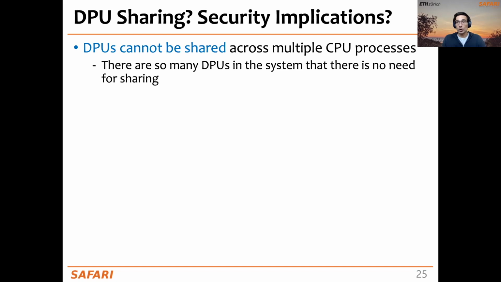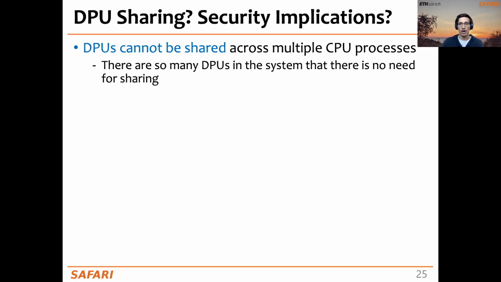So there are so many DPUs in the system that in principle, there is no need for sharing these DPUs across multiple CPU processes. If we have 2 processes, for example, running on a system, and they both want to make use of the PIM-enabled memory, they can allocate and schedule their computation on different DPUs.